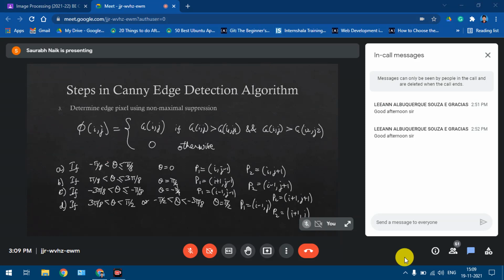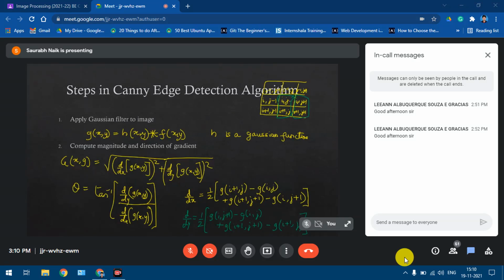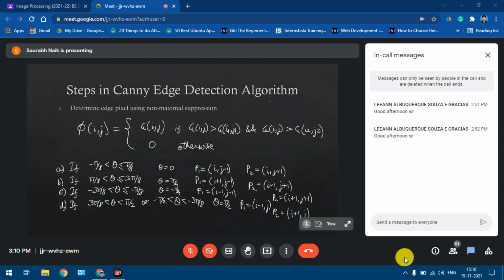If the angle lies between minus pi by 8 and pi by 8, we say it is left to right, that is, the angle is 0. With P being my central pixel (i, j), I want to find out P1 and P2, because that decides the equations next.